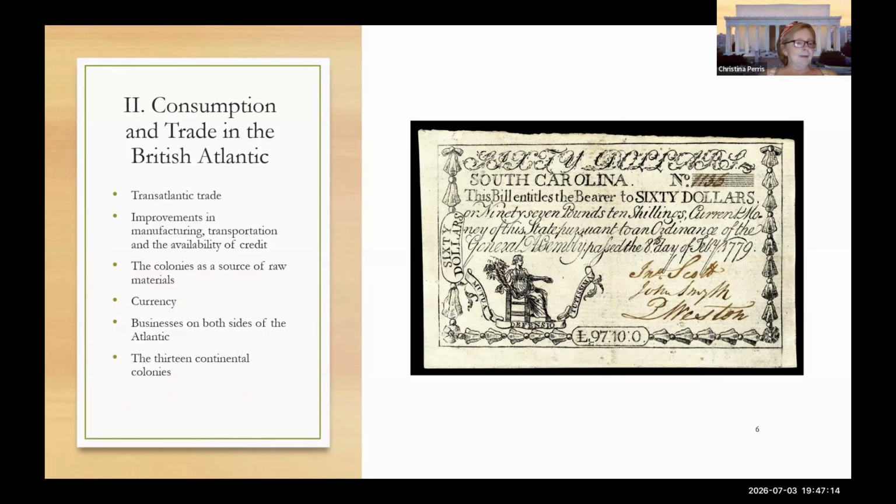Of course, the 13 continental colonies were not the only British colonies in the Western Hemisphere. In fact, they were considerably less important to the crown than the sugar-producing islands of the Caribbean, including Jamaica, Barbados, the Leeward Islands, Grenada, St. Vincent, and Dominica.